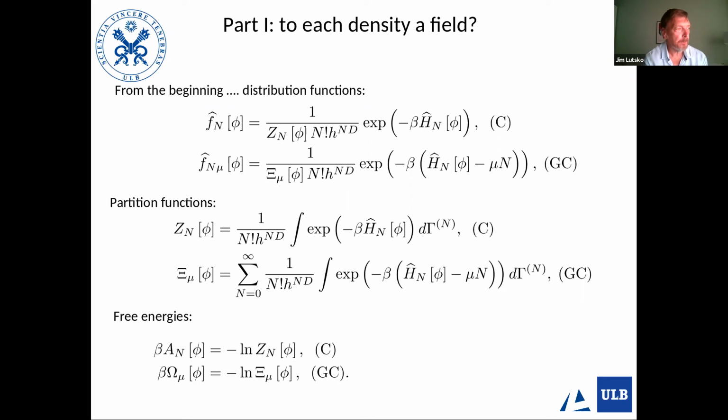I'm sure that all of you know that the first principle of density functional theory is that there is basically a one-to-one correspondence between applied external one-body fields and the local density that results in equilibrium. I'm going to take a very pedestrian view, the oldest view, based on looking at partition functions.